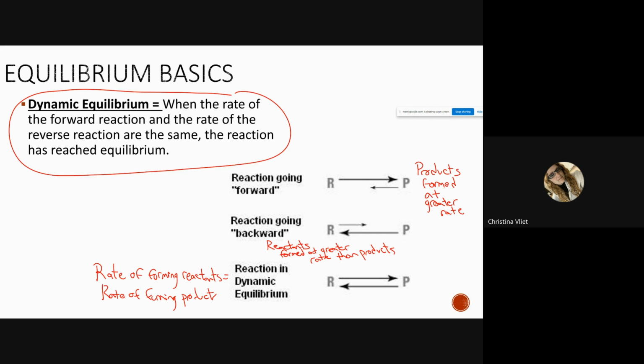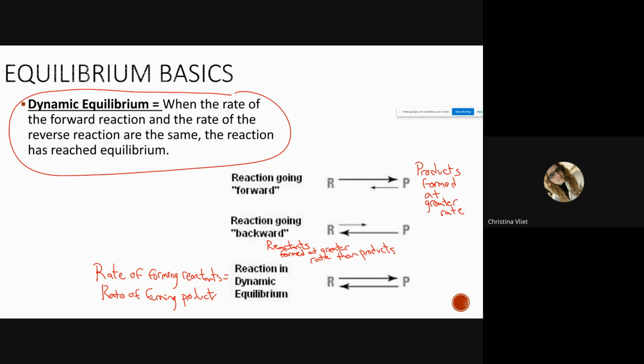What does constant mean? The amount of your reactants and the amount of your products no longer changes anymore. It's just whatever it is, that's what it is. That's what it's settled out to be. So at equilibrium, you'll have a constant amount of reactants and a constant amount of products. So that's important to know. So you're going to see a bunch of features about dynamic equilibrium on the next slide. They are actually all important to be aware of.